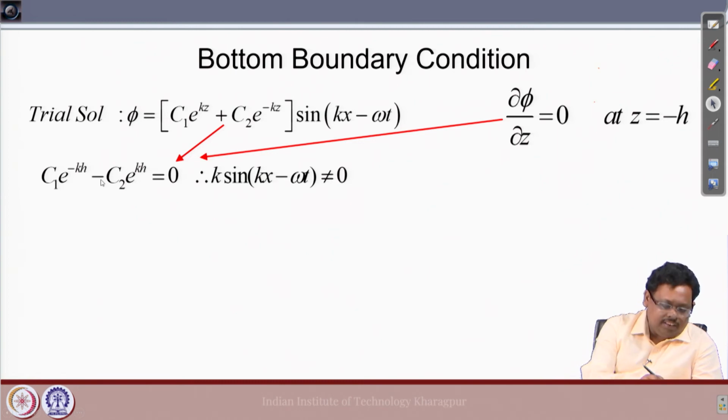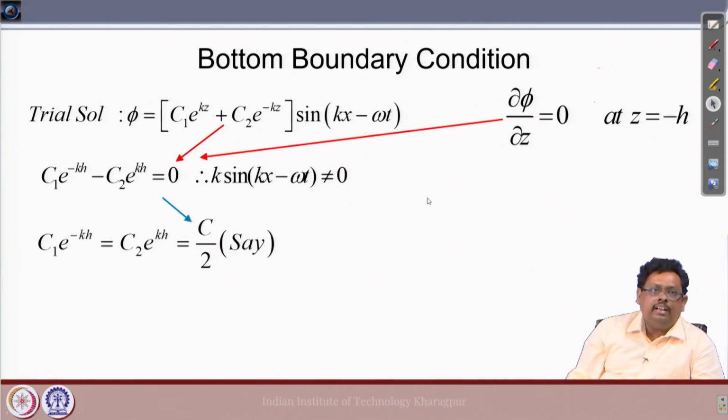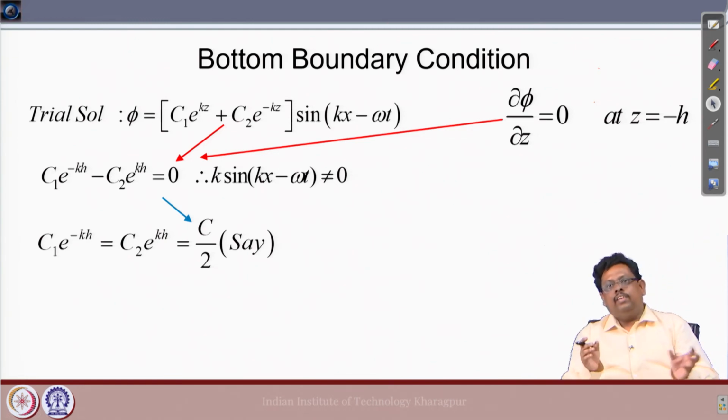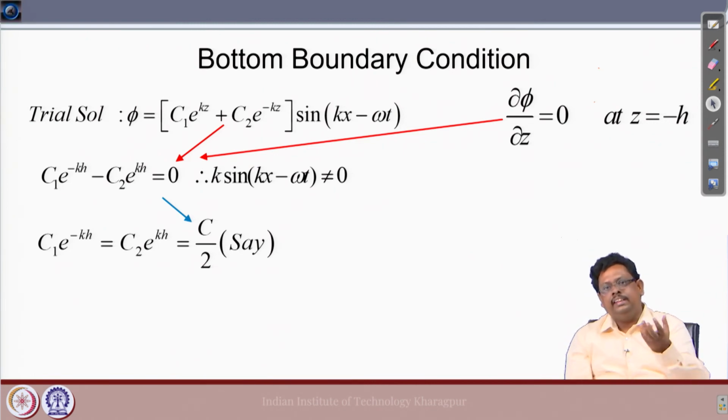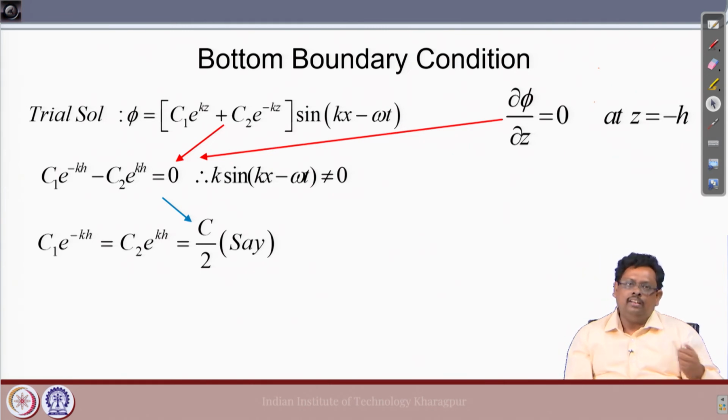So, definitely I am going to get this. From here, I get C1 e^(−kh) = C2 e^(kh), right. Both values are the same, and let us take that both values are the same and equal to C/2, where C is itself unknown to me. I can do that, right.